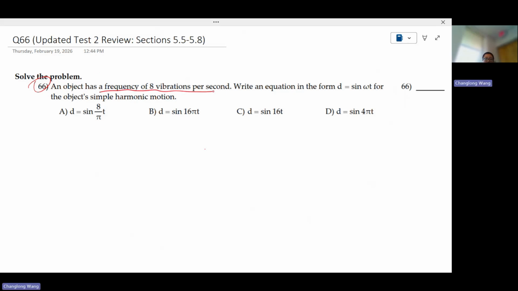Be careful, they say it's the frequency, right? 8 vibrations per second.